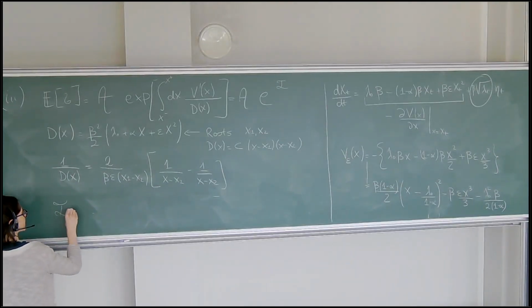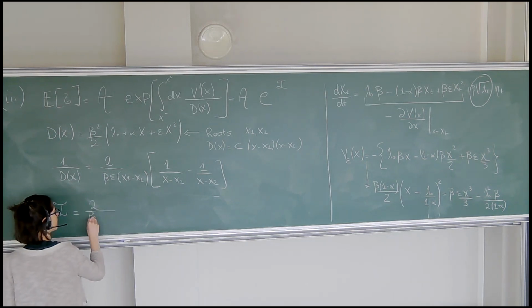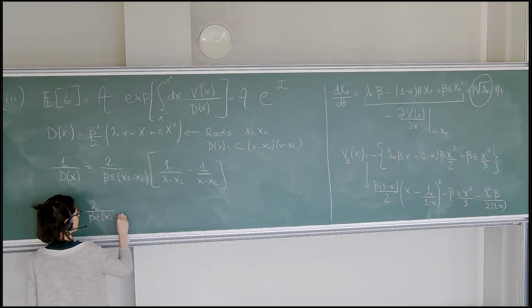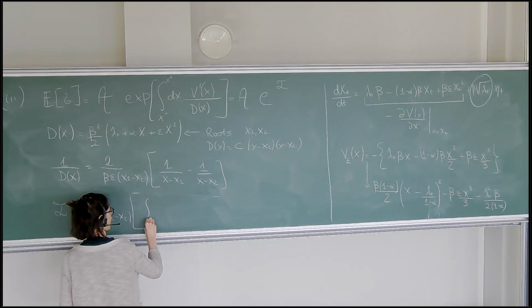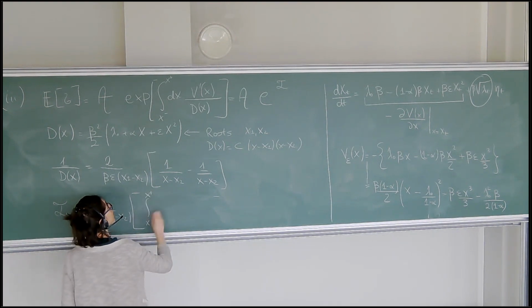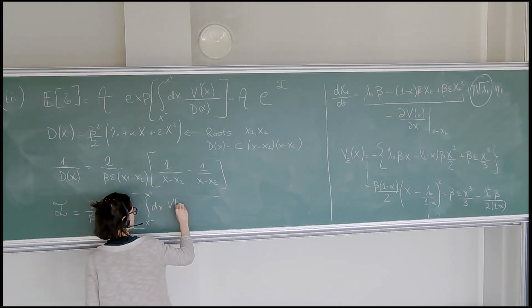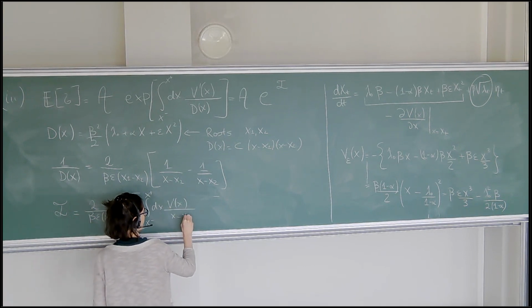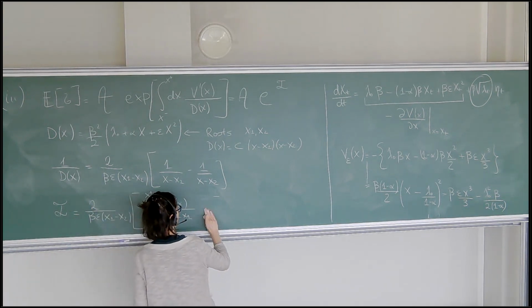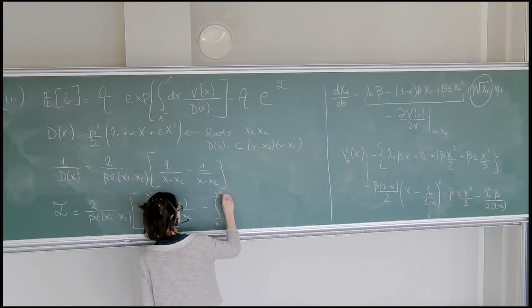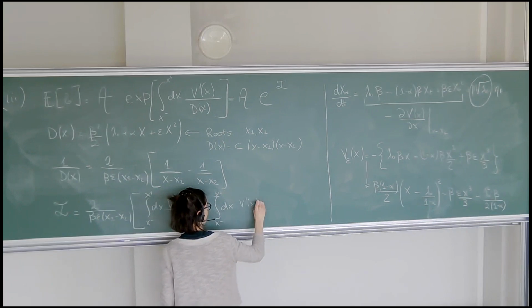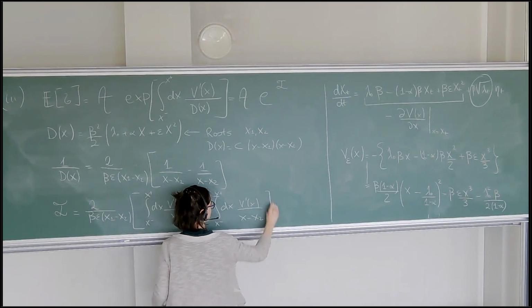So then you can write your integral as what? As the prefactor times the difference of two integrals, one which contains v prime of x over x minus x1, minus the one which contains v prime of x over x minus x2.